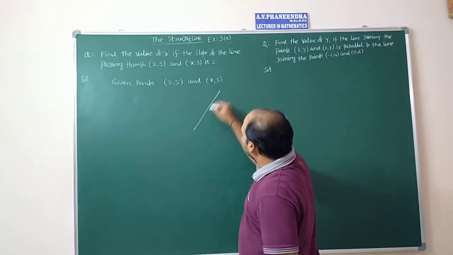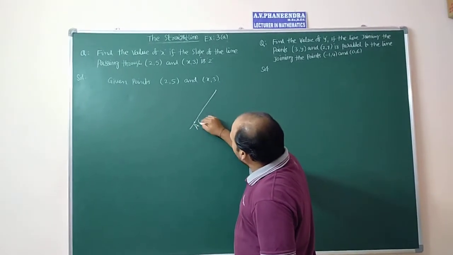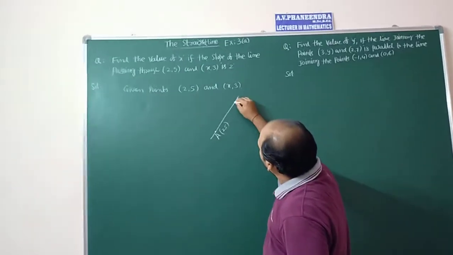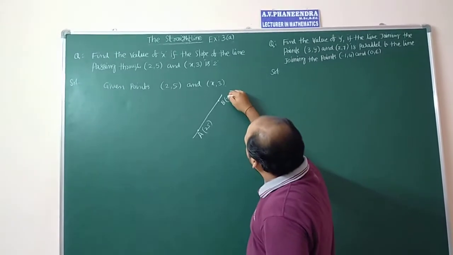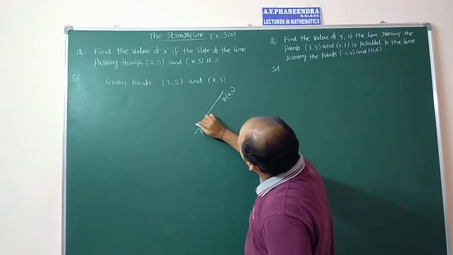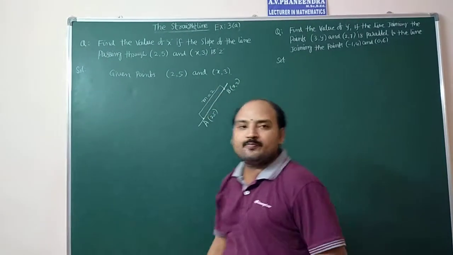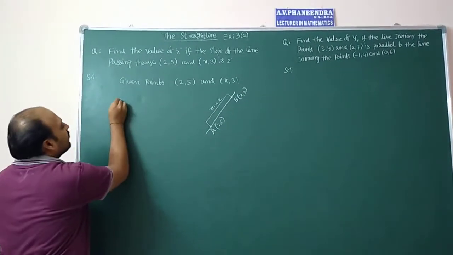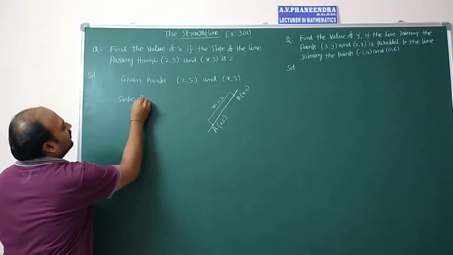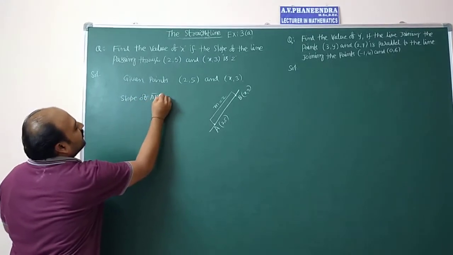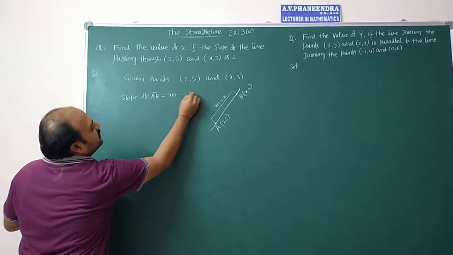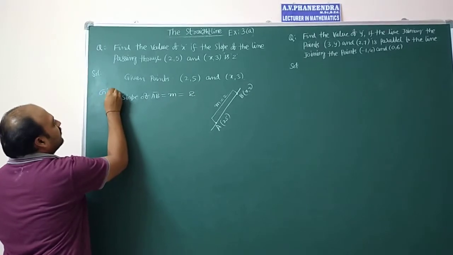So this is the line joining them. Assume one point A is 2, 5 and another point B is x, 3. The slope of this line m is given as 2. Therefore, slope of AB is equal to m, which is equal to 2, given.